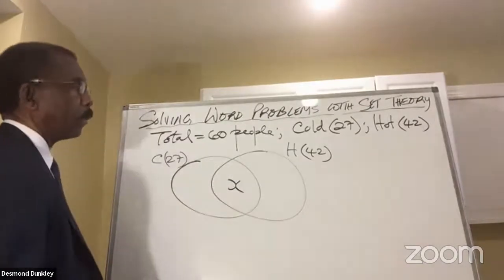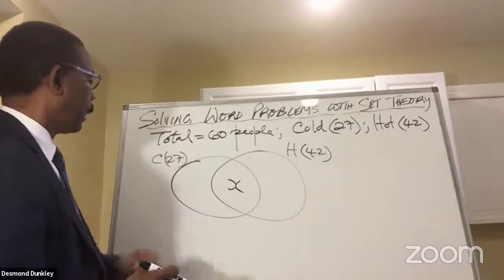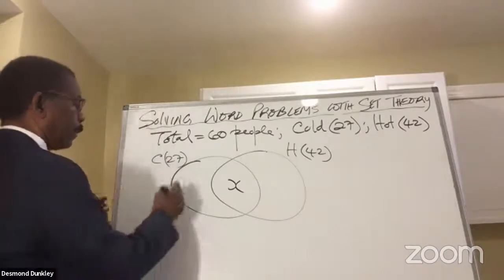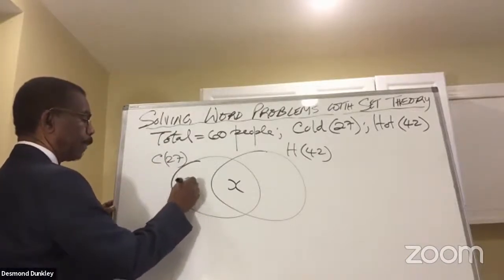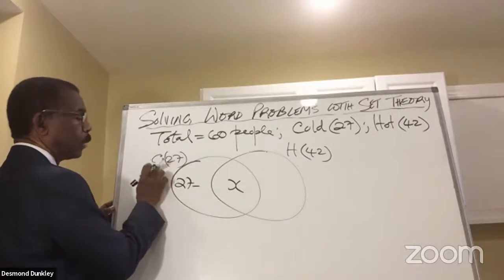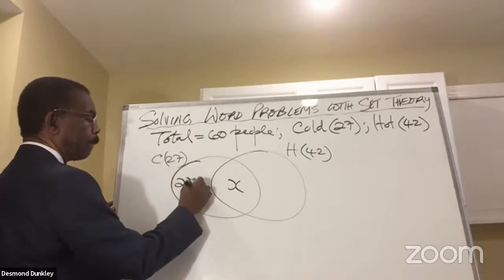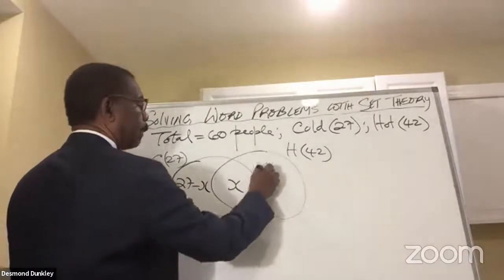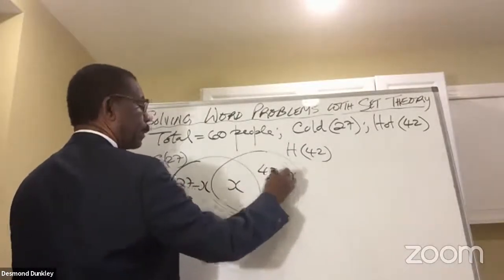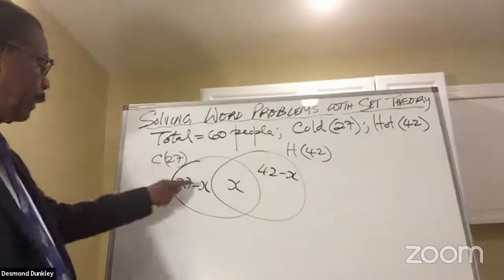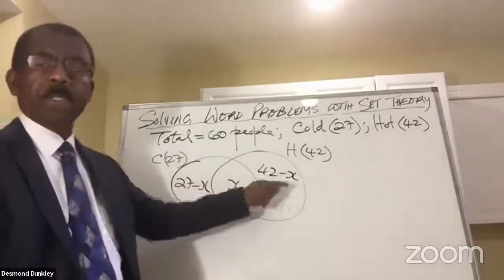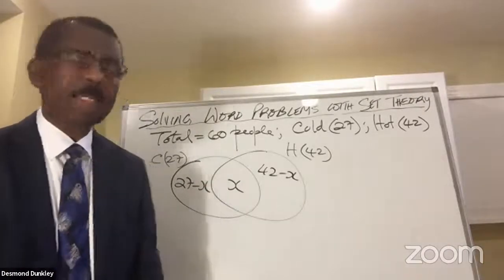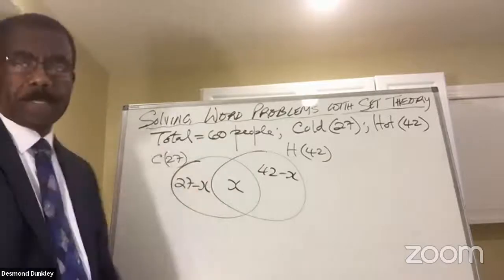We don't know how many liked both, but we know that 27 like cold. So this has to be 27 minus x. Total of 42, so this has to be 42 minus x. And these three areas must give us a total of 60.